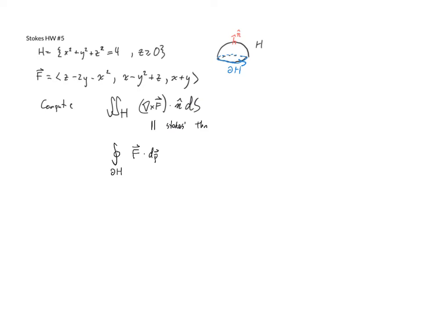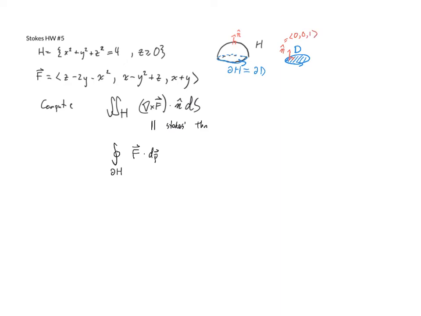So the thing to notice about this is that this is the same as the boundary of the disk, and that disk is this disk in the plane. And if I'm orienting the boundary that way, then the disk D is also oriented with the upward facing normal. So the normal for the disk is actually just 0, 0, 1.